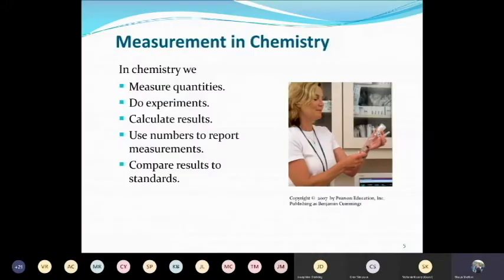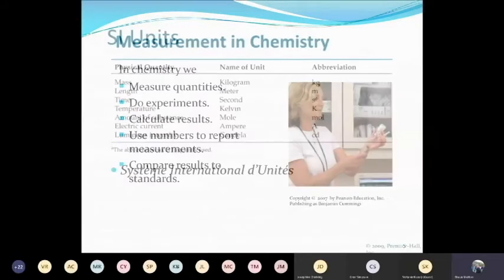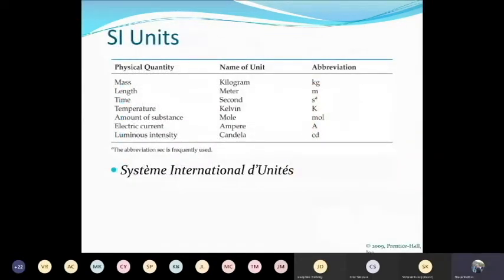First thing is that in chemistry we do a lot of measurements, and the most important thing to understand is how to make those measurements and the appropriate way of recording units and writing down those measurements that you make. In the very end, you can always compare results to standards, but that's not always true, because sometimes you don't know what the standard is because it's brand new to you. In that case, you're making the standard.